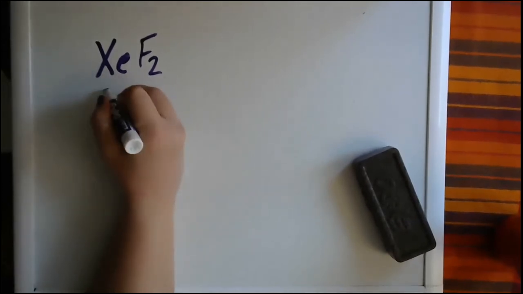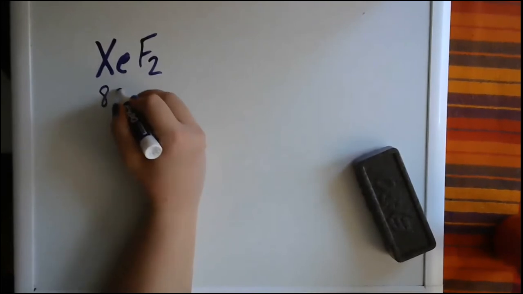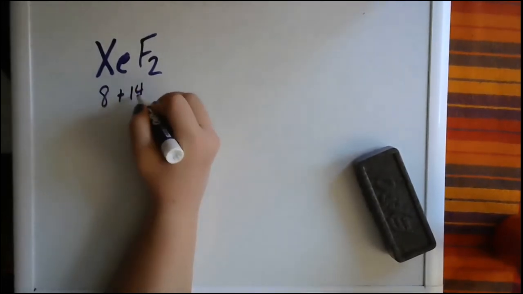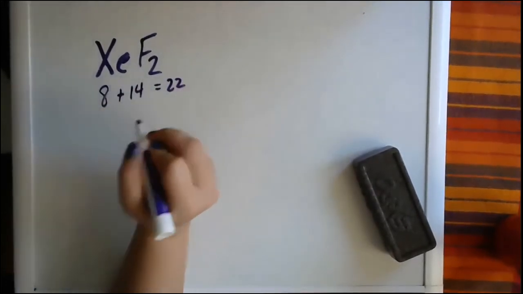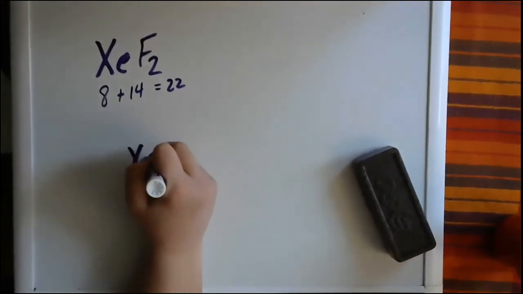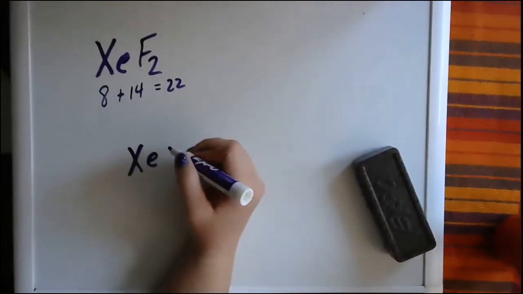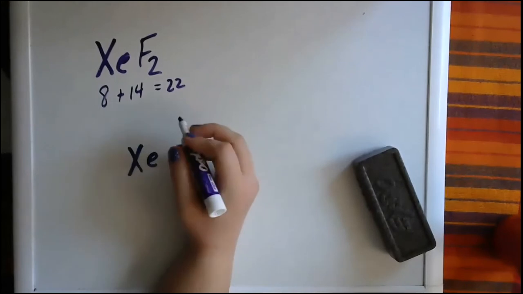So we know that xenon has 8 valence electrons, and each fluorine will have 7. So we have 22 electrons present here. We know that xenon is not electronegative.